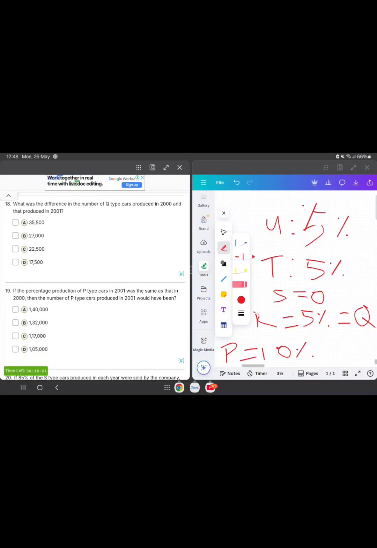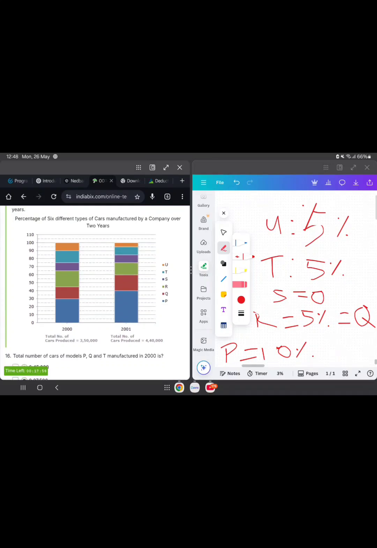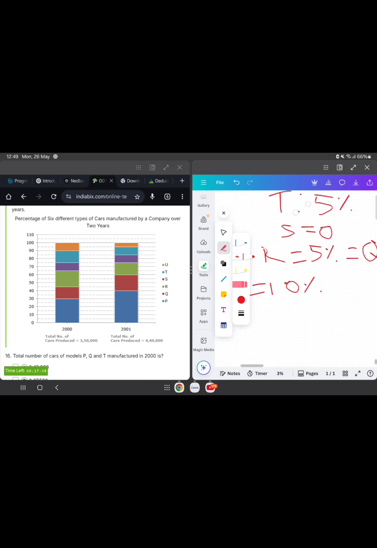Okay, and then for question 18, the question says, what was the difference in the number of Q type cars produced in 2000 and that produced in 2001? The difference in the number. So we can see in 2000 Q was 15% of 350,000, which gives us 52,500.